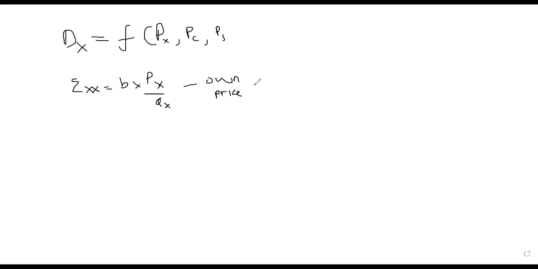We can have any number between 0 to -1. This is called what? Inelastic. As long as it has anything 0 point something. For instance, -0.1, -0.2, -0.3, up to -0.9.